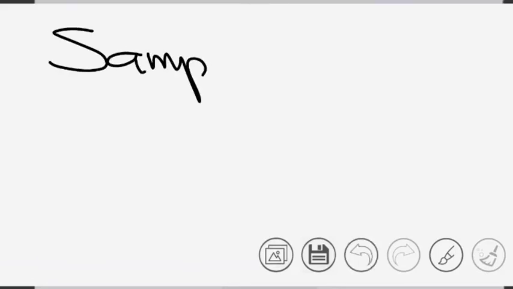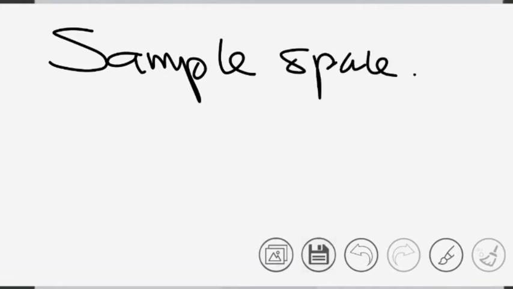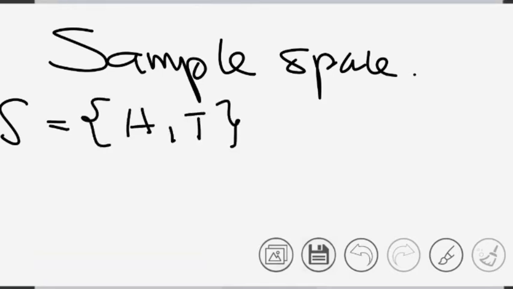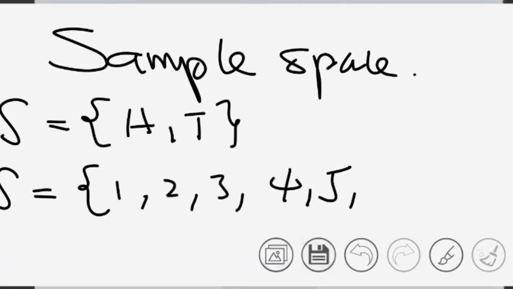When I toss a coin, what does my sample space look like? It is either I have a head or a tail. But if I throw a die, what am I going to have? A die gives 1, 2, 3, 4, 5, or 6 as my sample points.